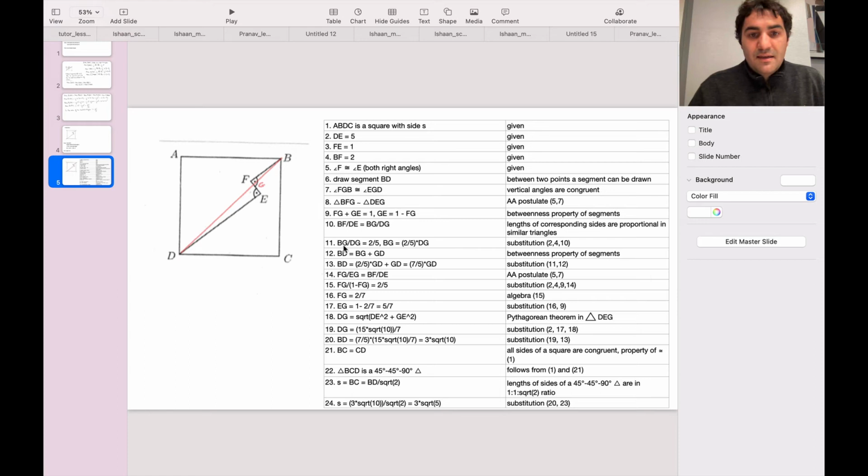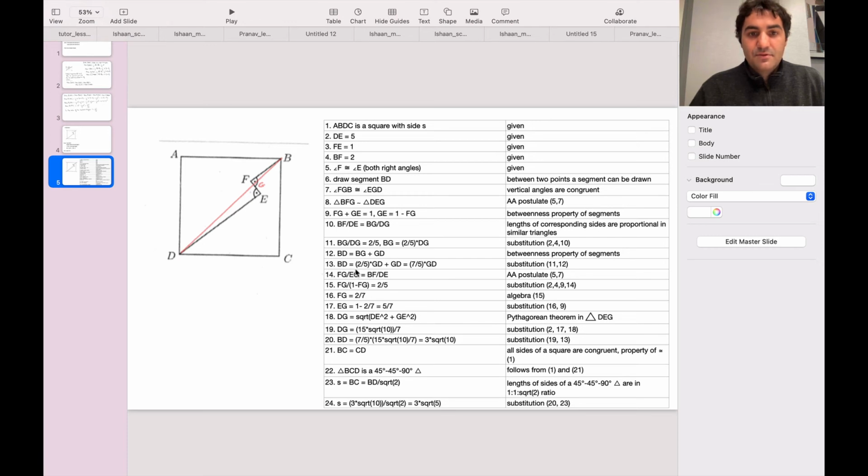So we get length of BG divided by length of DG is equal to 2/5. And we know that because length of BF is 2 and length of DE is equal to 5. So length of BG is equal to 2 divided by 5 times length of DG. We know by the betweenness property of segments that length of BD is equal to length of BG plus the length of GD.